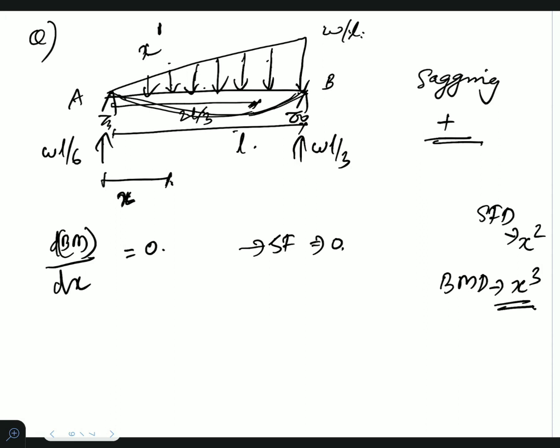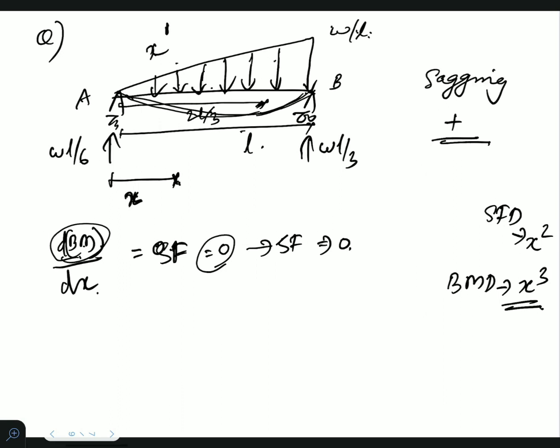That is, d of bending moment by dx will give you shear force. This shear force is 0, that means that bending moment is maximum. So we'll have to find that value at a distance of x from the support. So we are drawing the section.